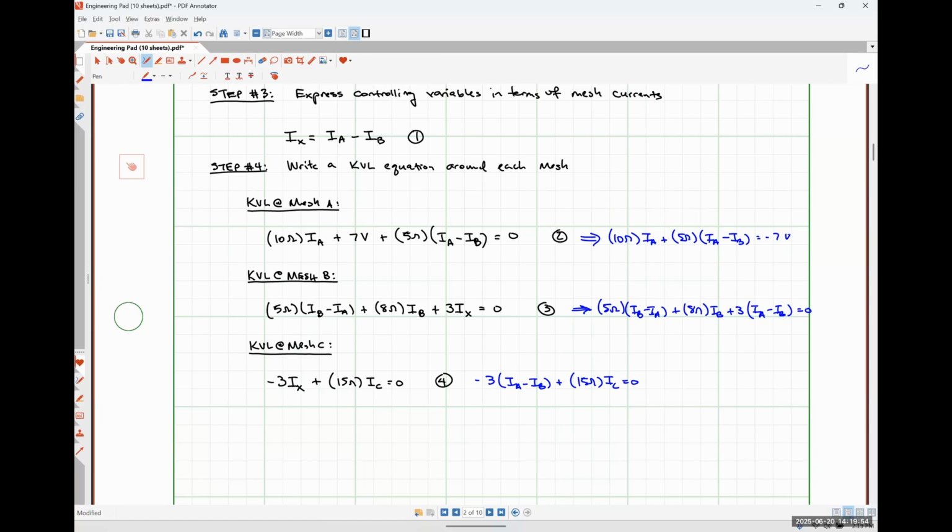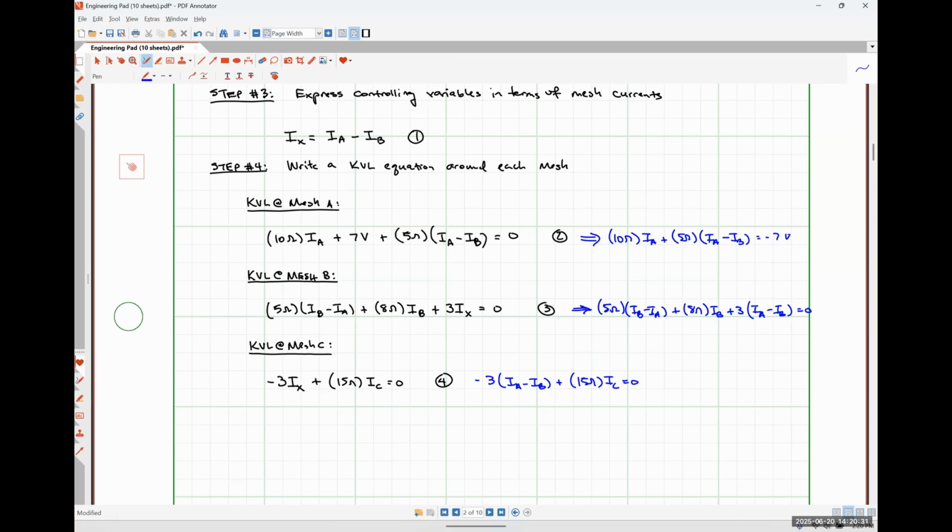So using my 3x3 system solver, in my first equation, my coefficient for IA is 10 plus 5. My coefficient for IB is negative 5. My coefficient for IC is 0. And my constant term is negative 7. In my second equation, my coefficient for IA is minus 5 plus 3.